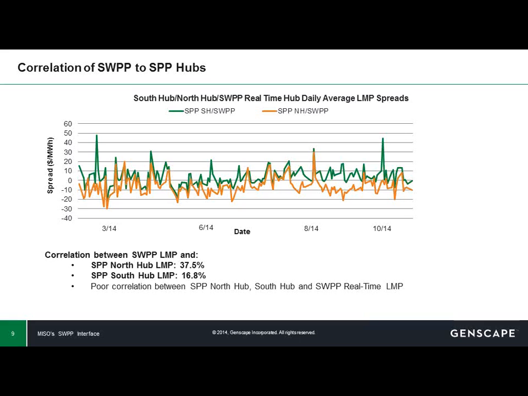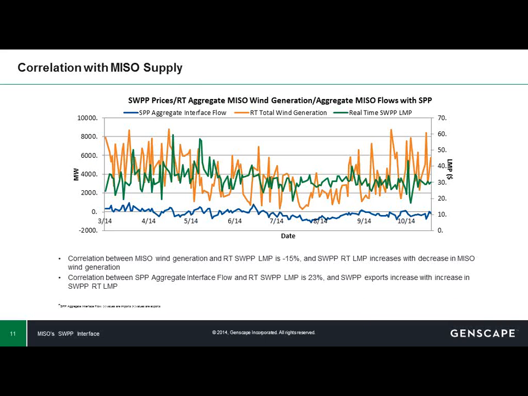And in this chart, we look at the correlation between the MISO wind, the interface flow in SPP and the Swpp real-time LMP. And what we found, the correlation is only negative 15% between the MISO wind and Swpp, indicating the reverse relationship between MISO wind generation and Swpp real-time LMP.